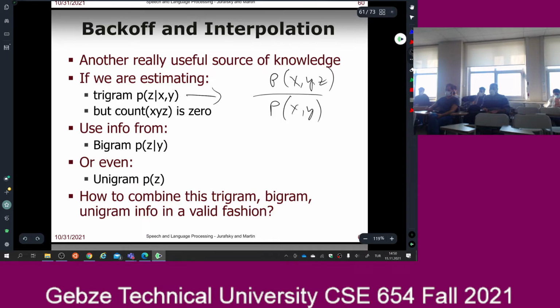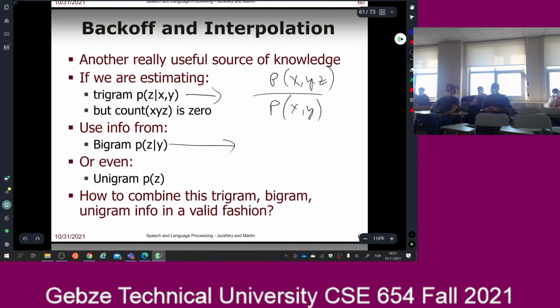And if you cannot calculate this one, then calculate this one. So this is called back off. Why? Because calculating this one is very easy compared to this one, of course. And if this one is not available, then this one is as simple as counting the number of words. And that's it. So that's called the back off.